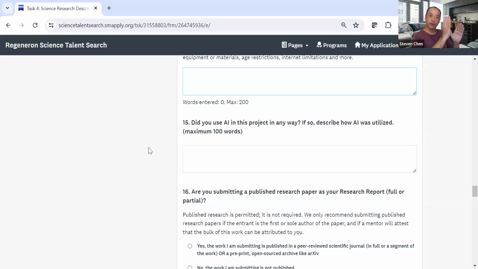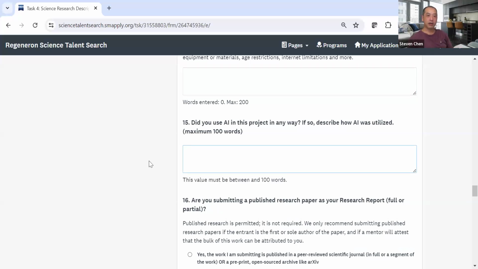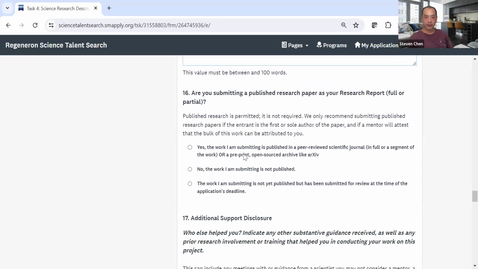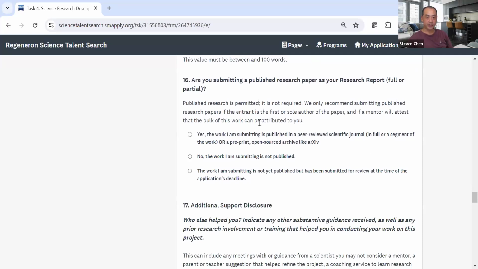But you need to report it in an honest way. If there's a block of code or paper generated from AI, you need to be honest. Then the form asks about a published research paper, so publication matters.